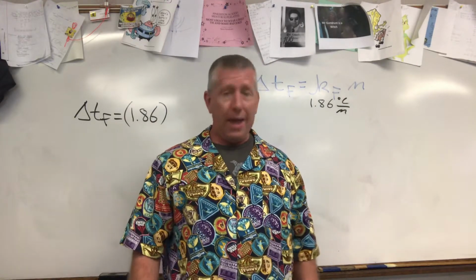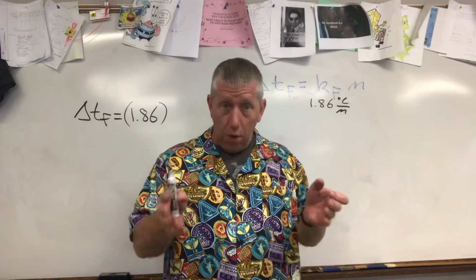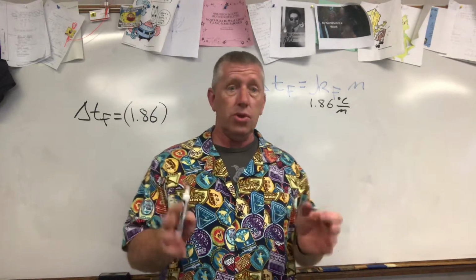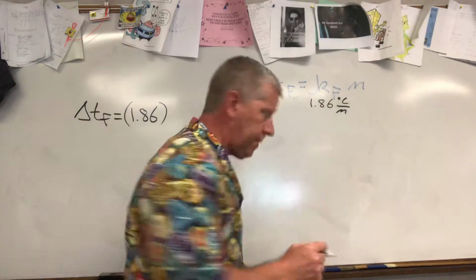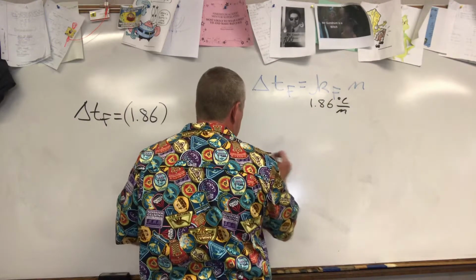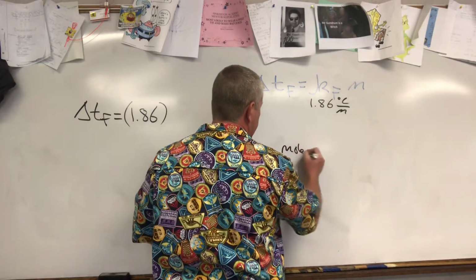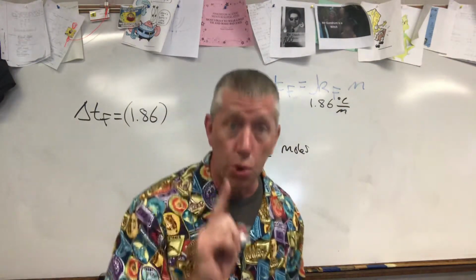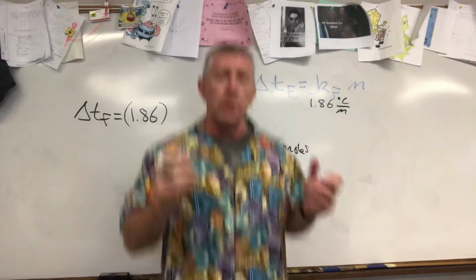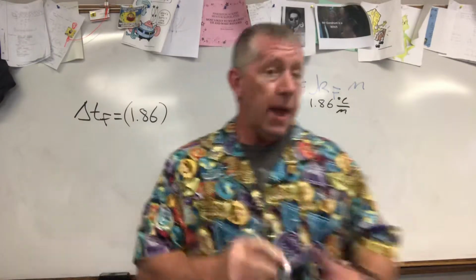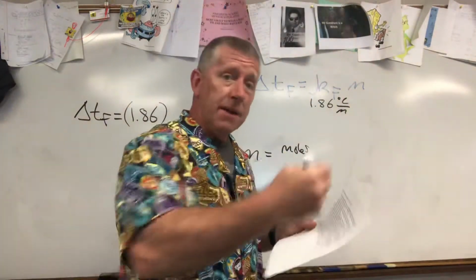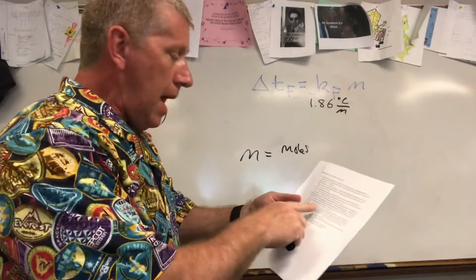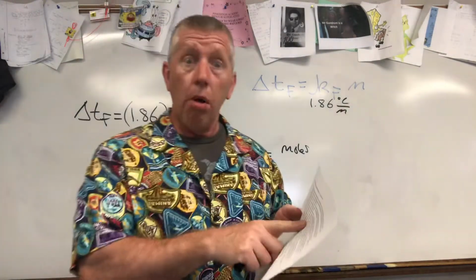Thank you. Okay, now this is going to be a straightforward molality calculation. And we know that molality is equal to moles of the solute. And what's the solute here? We're taking ethylene glycol, antifreeze, and we're adding it to water.